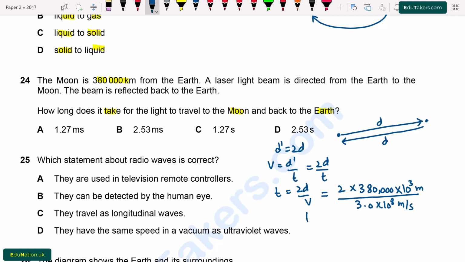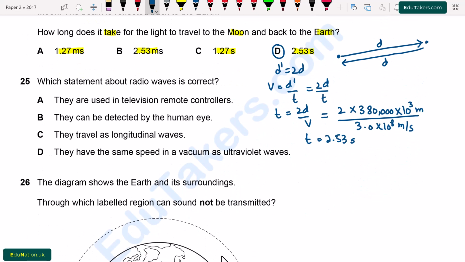So that time t is equal to 2.53 second. Now we see the options. Option A 1.27 millisecond, B 2.53 millisecond, C 1.27 millisecond, D 2.53 second. From here, option D is correct.